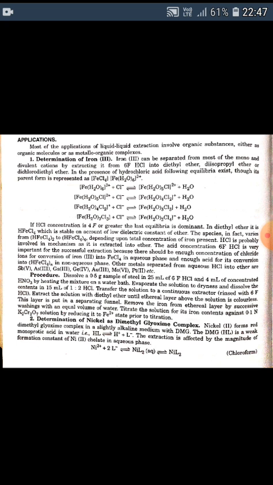The complex is stable enough to permit the removal of excess dithizone by back extraction with 0.1 molar sodium hydroxide. The molar absorptivity of the complex is 4.91 times 10 to the power 4 per mole per centimeter, which makes the method very sensitive.